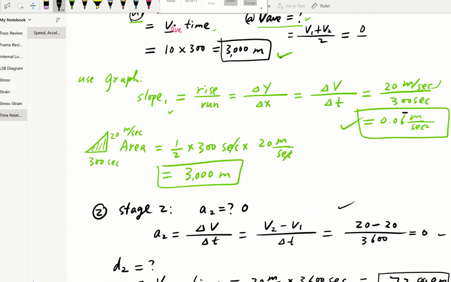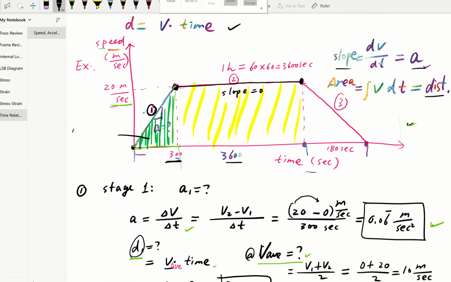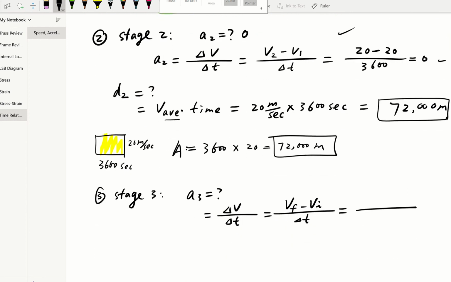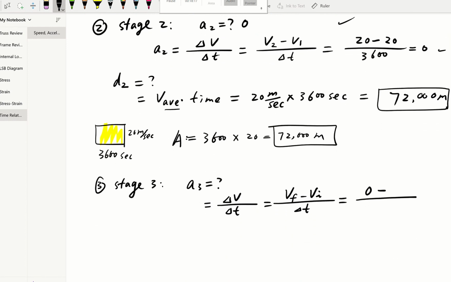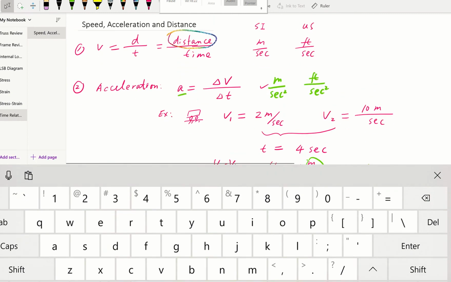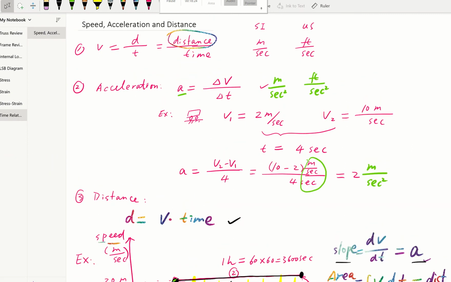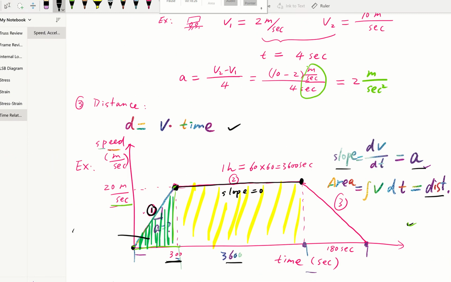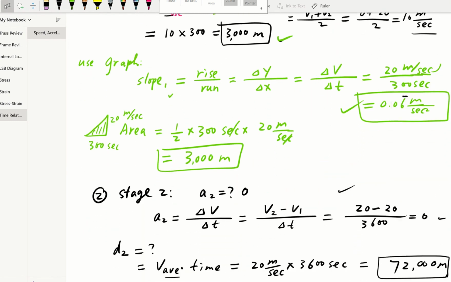And what's our final speed for this one? It's 0. And our initial speed is this point, right? So that's going to be minus 20.